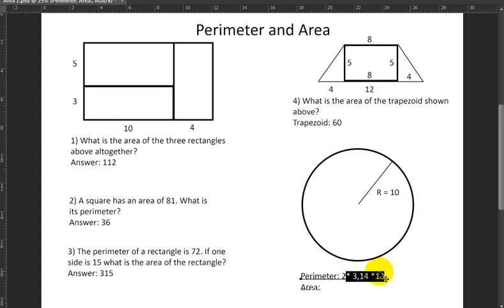Now, I told you yesterday that you can do it in whatever order you want. So yesterday we said that you could do 2 times the radius first, if that suits you. In this specific case, you can actually do 2 times 3.14 first and then multiply by 10. Why? Because 10 is a number that is just going to move the decimal point to the right, since we're multiplying.